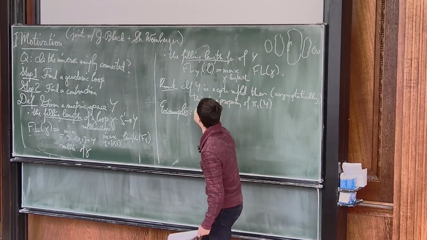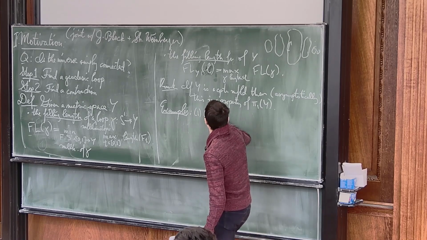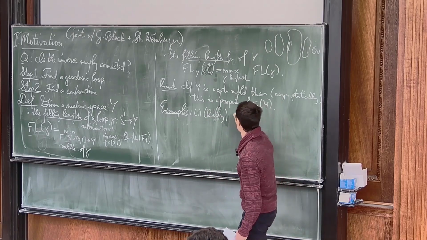So it's a theorem of Riley that for nilpotent groups, this is linear.